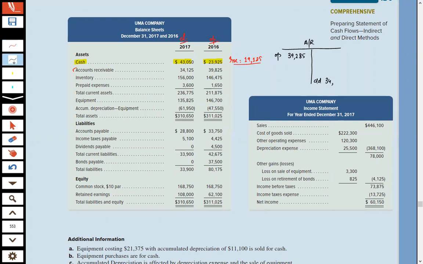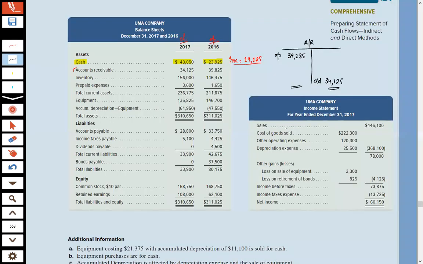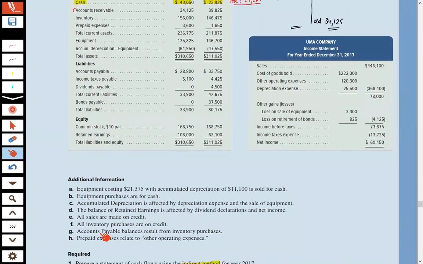Okay, closing amount 34,125. Now in the direct method, we put the sales amount in the debit side of the accounts receivable T account, that is accounts receivable debit and sales credit. So sales is 446,000, and for our surety confirmation, we can also check that all the sales are on credit basis.